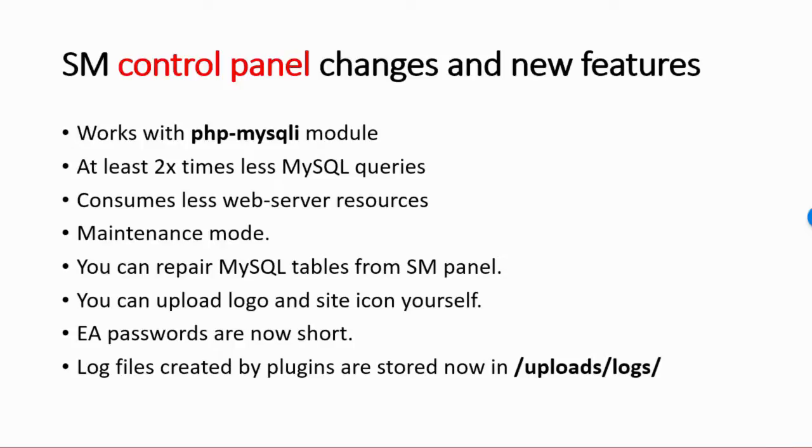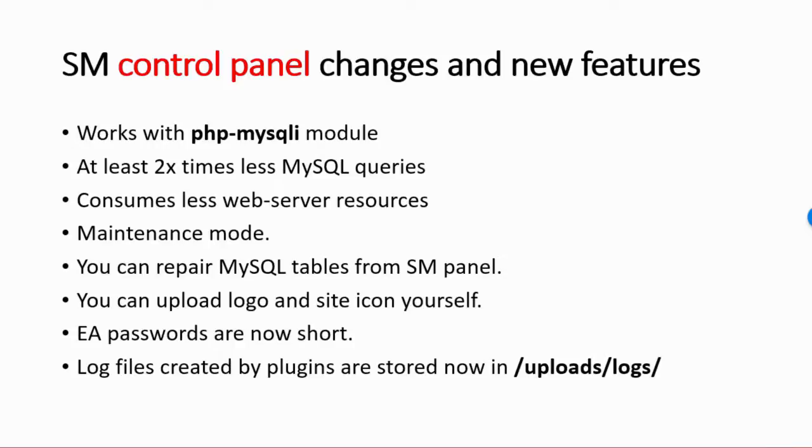It gives us the ability to consume fewer web server resources, so you should be able to see that your server uses a bit fewer resources, which basically allows you to maybe have some extra customers.